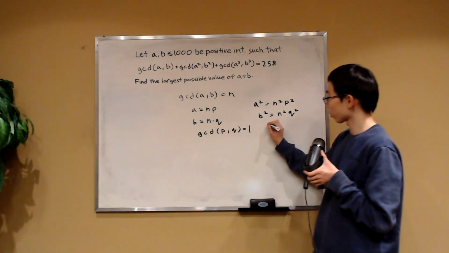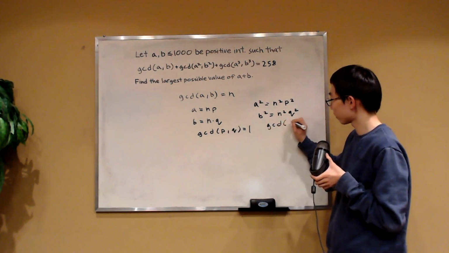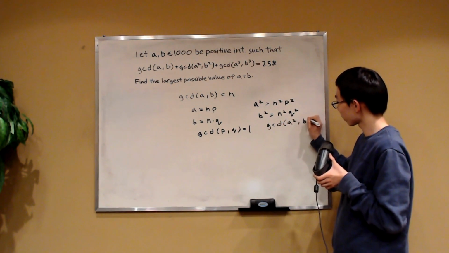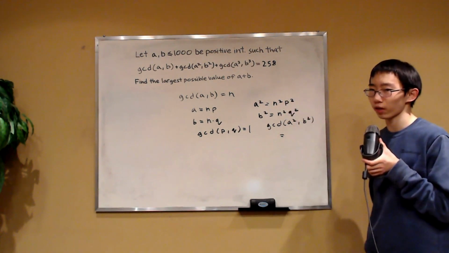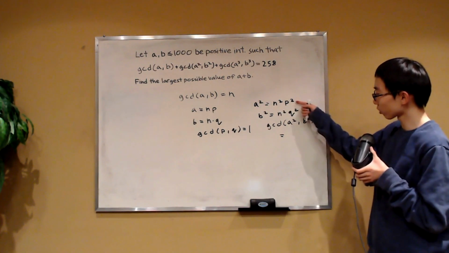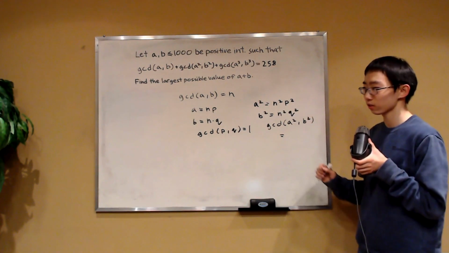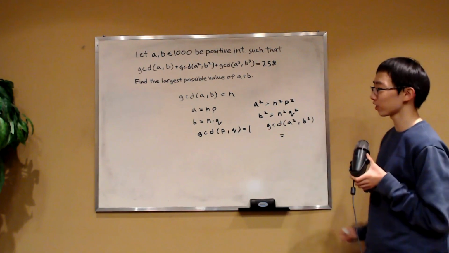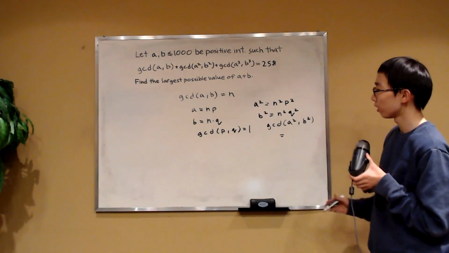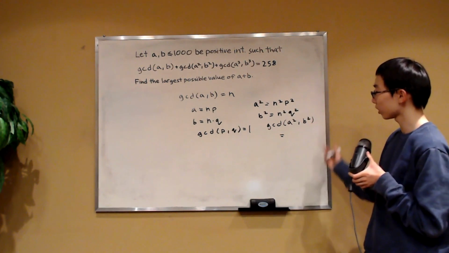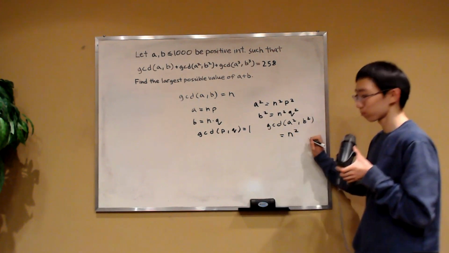Okay, so what is the greatest common divisor of a squared and b squared? Well, you can see that n squared is a common factor. Now, do p squared and q squared have any common factors other than 1? No, because they were relatively prime, so their squares should also be relatively prime. Therefore, the greatest common divisor over here is just n squared.